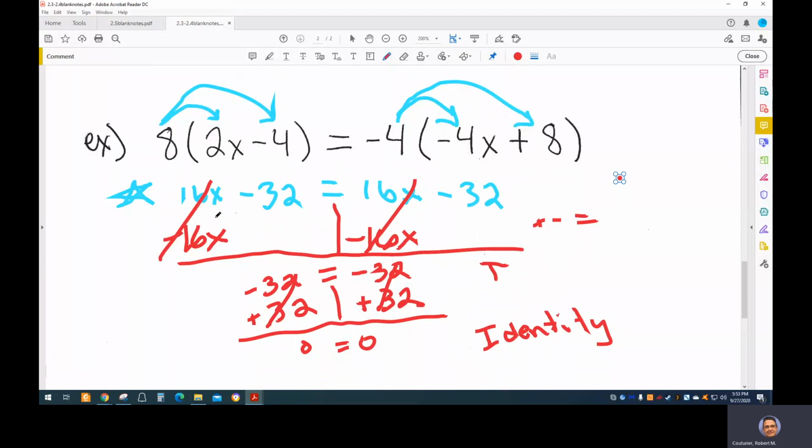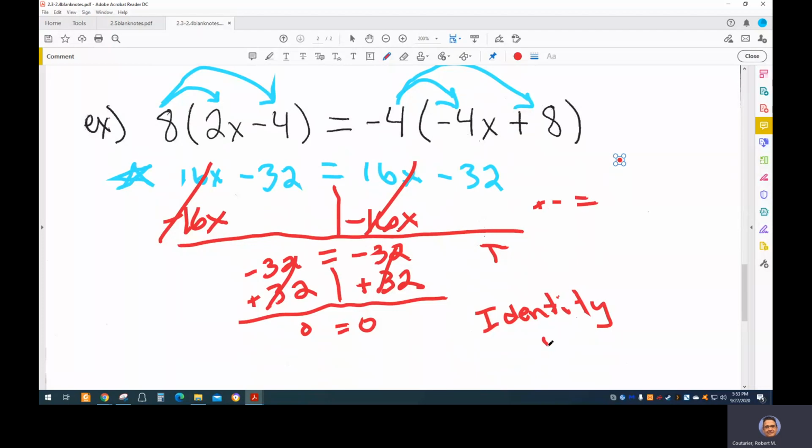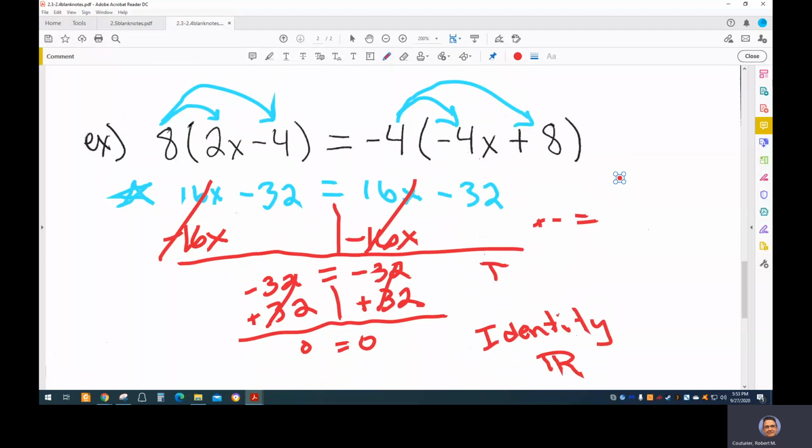Yes, that's true. Plug in 1,000. 1600 minus 32 equals 1600 minus 32. Any number that you plug in will make this true. So all real numbers is a solution for this. Any number you can think of to plug in for x will make that true.